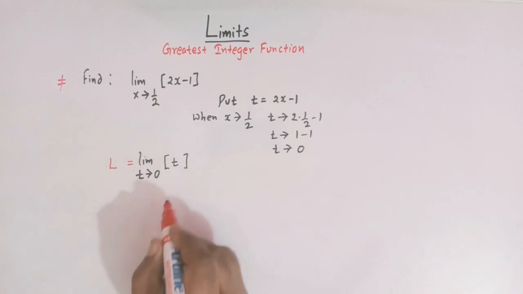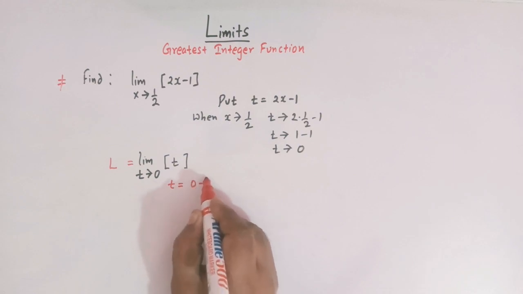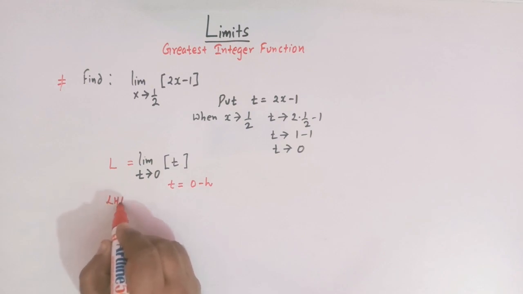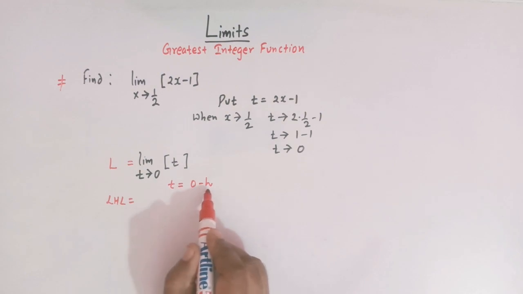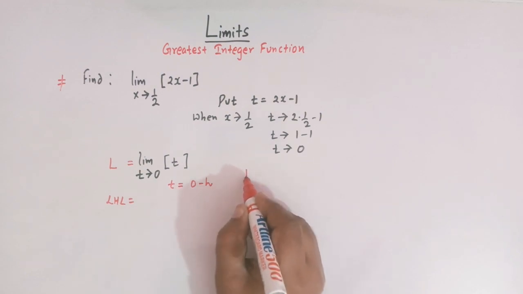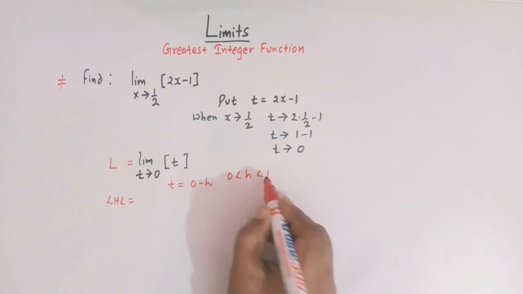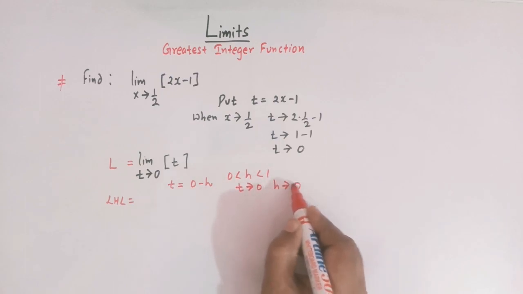Now we have t tends to 0 and the greatest integer of t. We will first find the left hand limit, and for that we take t equal to 0 minus h, where h is a very small quantity which lies between 0 and 1. When t tends to 0, obviously h tends to 0.